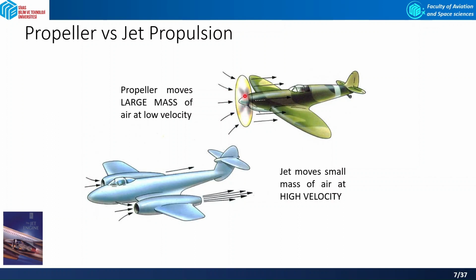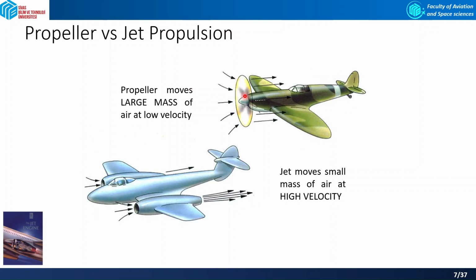But what you have learned from your dynamics or fluid mechanics courses is that thrust depends not only on the mass or on the velocity, but on both of them.